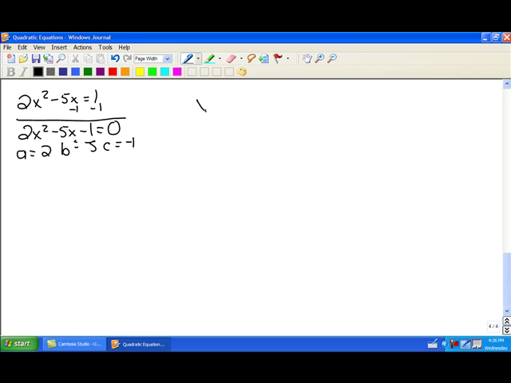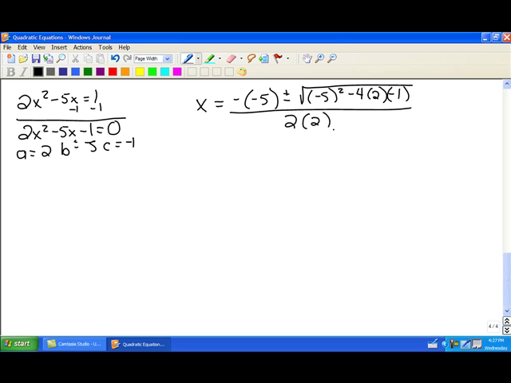Having to use the quadratic formula, x equals the opposite of b plus or minus the square root of b squared minus 4 times the a times the c, all put over 2 times the a.